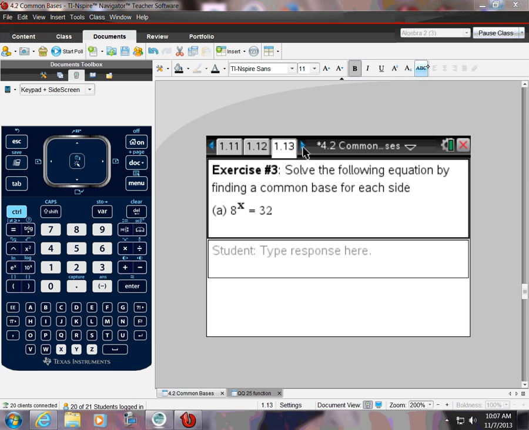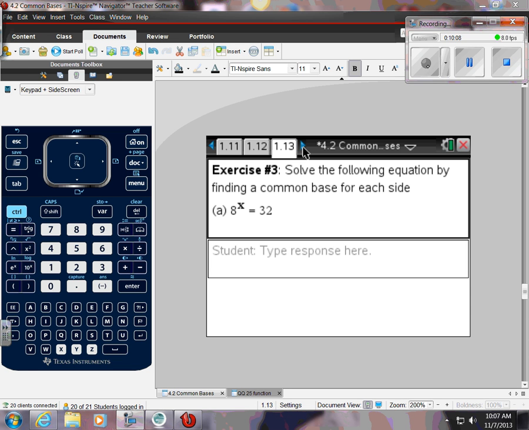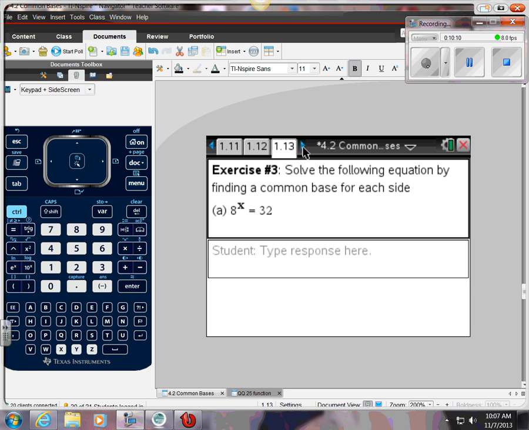So with example number 3, what do we notice different about this one compared to our previous ones? Do we have a common base? No. Do we have to find a common base? Yes. What would our common base be for 8^x equals 32?